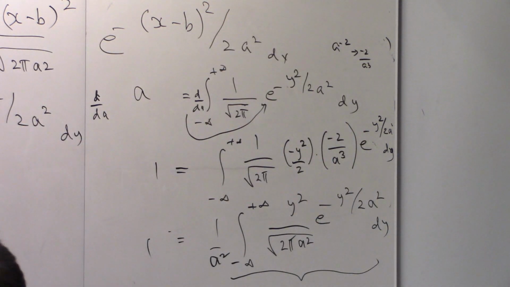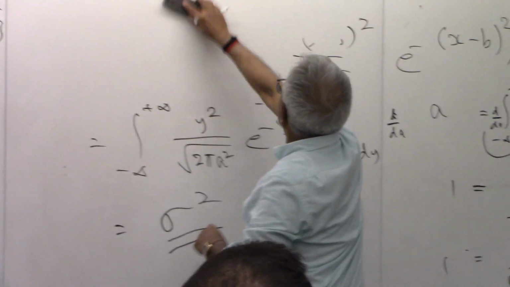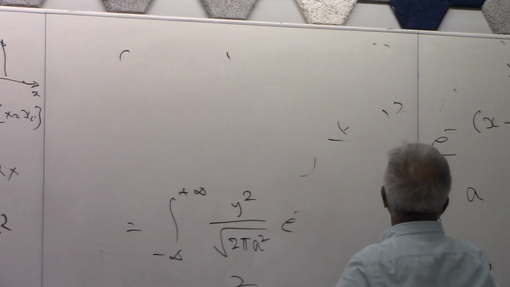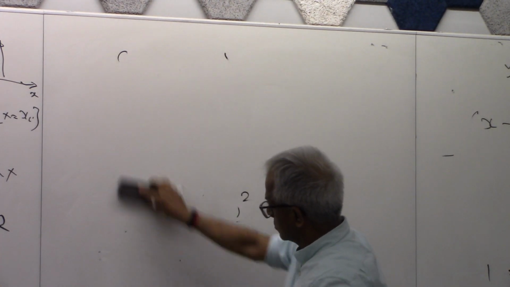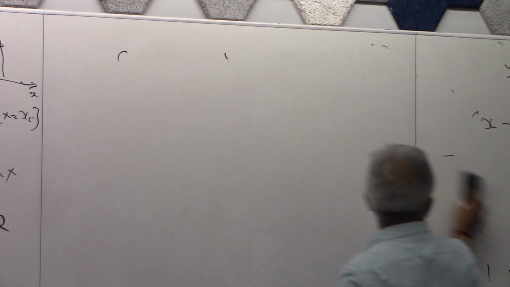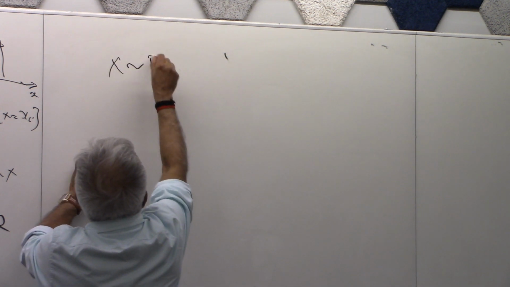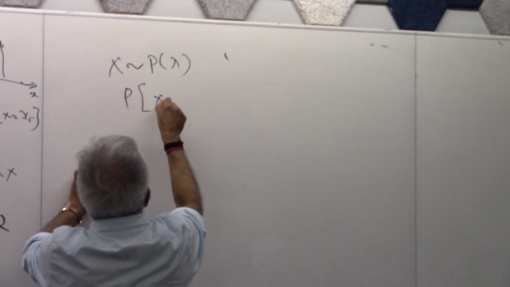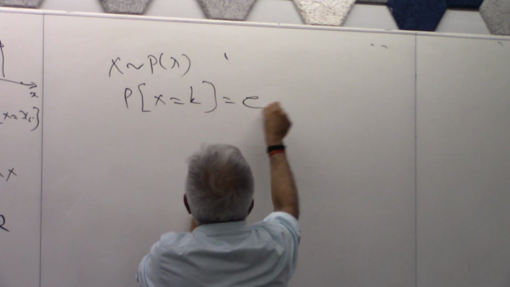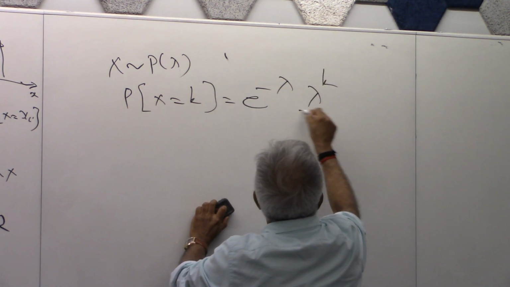So let me do it for Poisson. Remember, if x is Poisson, probability of x equal to k is e raised to minus lambda, lambda to the k over k factorial.